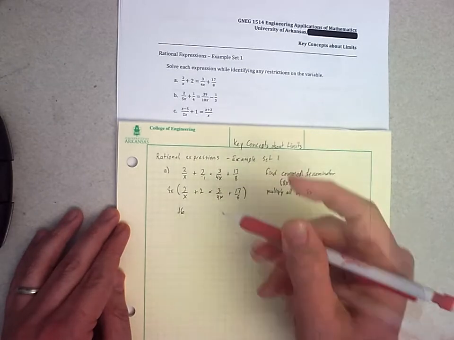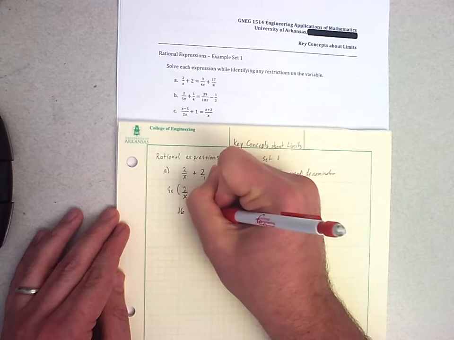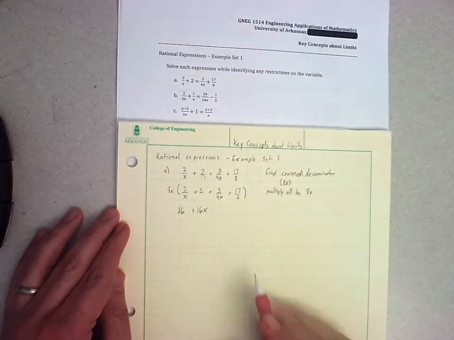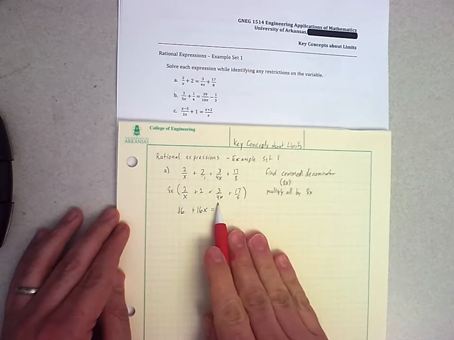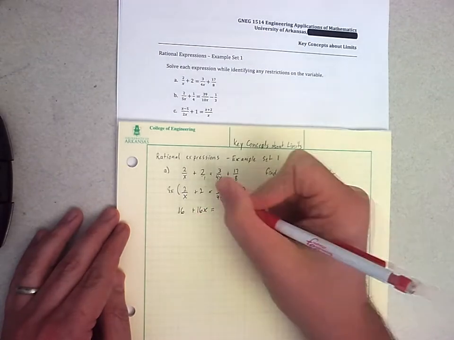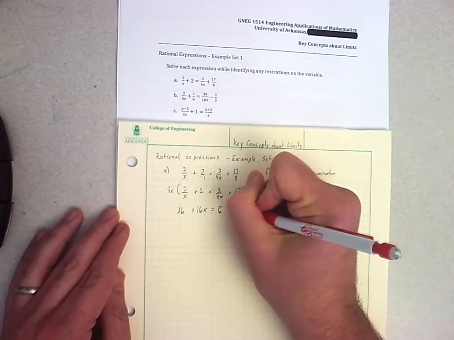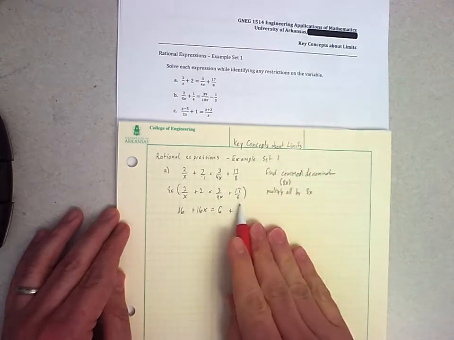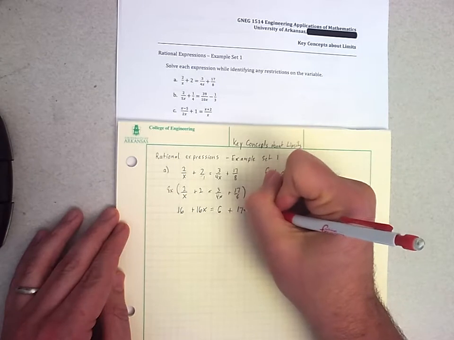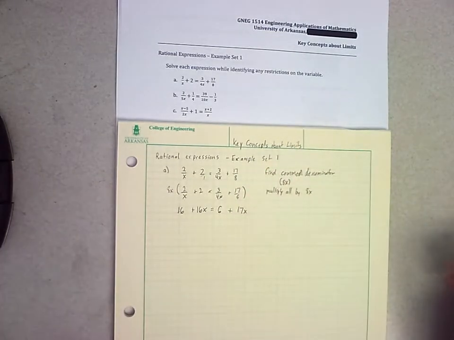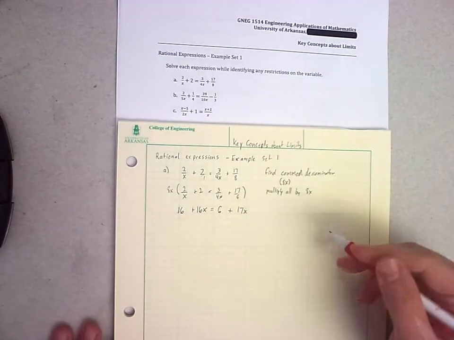For just 2 by itself, I'm going to get 16x equals 8x divided by 4x cancels out and gives me 2, so this one will be 6. And then 17 eighths times 8x will give me 17x. So multiplied by the common denominator there. And then I can solve it.